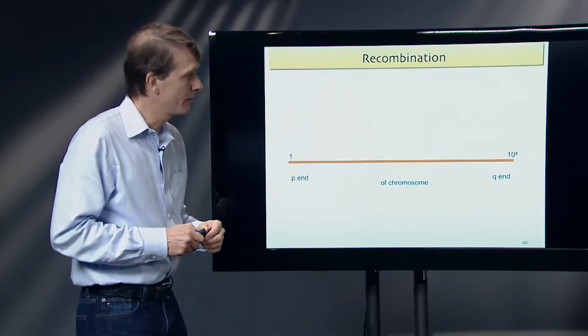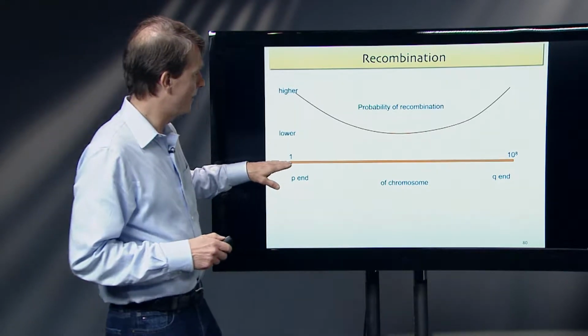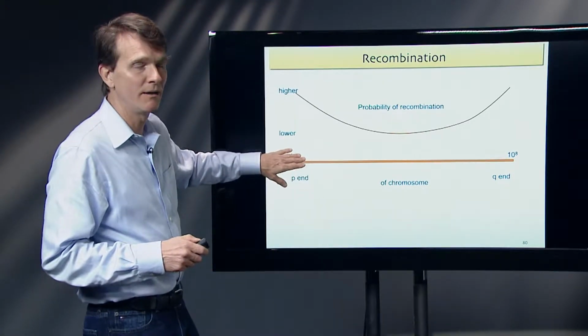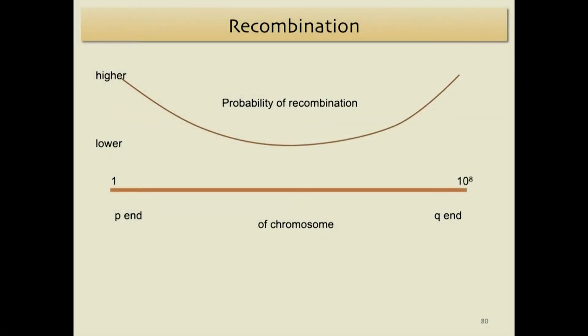Recombination likelihood or probability or frequency is higher at the chromosome ends. This is a technical detail, but it's worth keeping in mind. And lower towards the middle of the chromosome. And per chromosome, I've drawn here a standard size chromosome that's perhaps 100 million base pairs long.